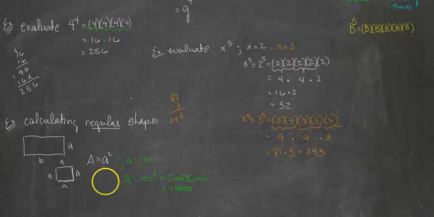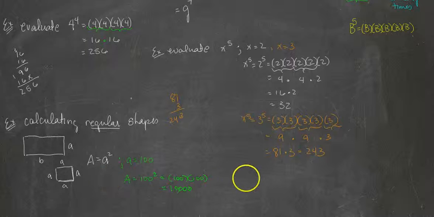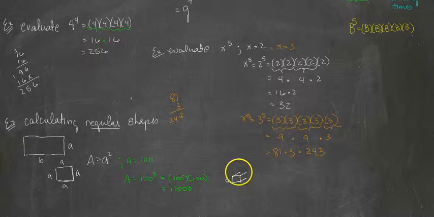Another example would be a cube, a regular cube. If I have a square that's side A, and I want to know the volume of the cube, all of the sides on the cube are exactly the same length.